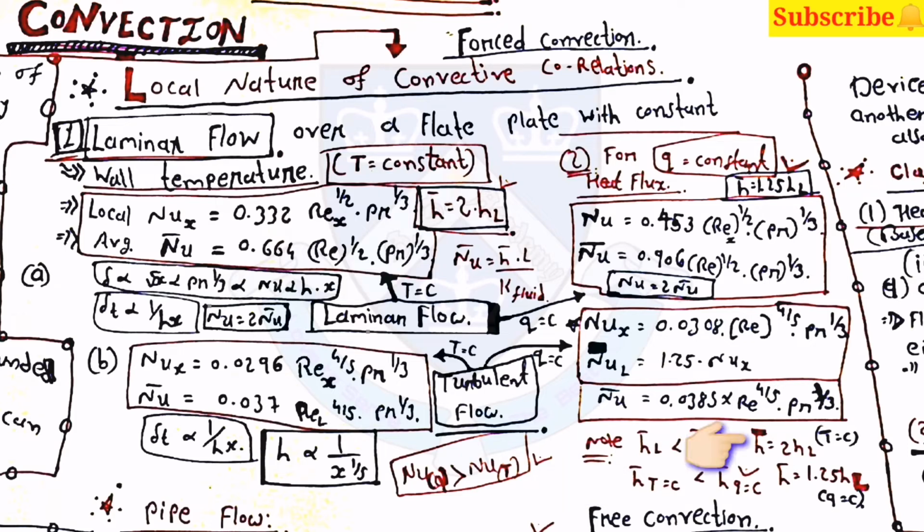As well as the third note, at T equal to constant, H bar is equal to 2 into HL, and the fourth note, for Q equal to constant, H bar is equal to 1.25 into H. From these four notes so many times questions were asked, so you just have to remember these notes.